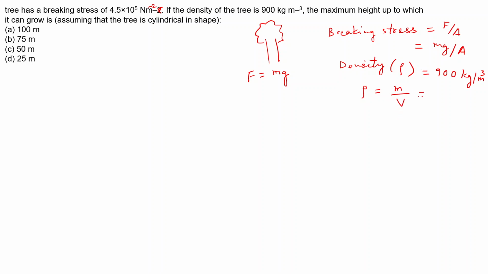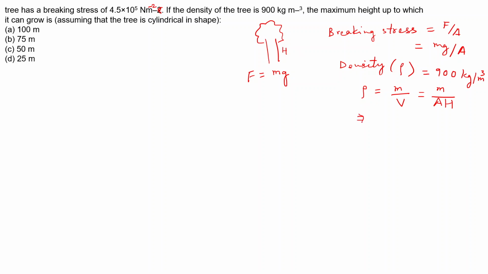Now, for this tree, we can consider it like a cylinder. If you consider it like a cylinder, the volume will be what? Area of cross section times the height. So let some area of cross section be A, and let's take height to be h, so that will give me the volume.